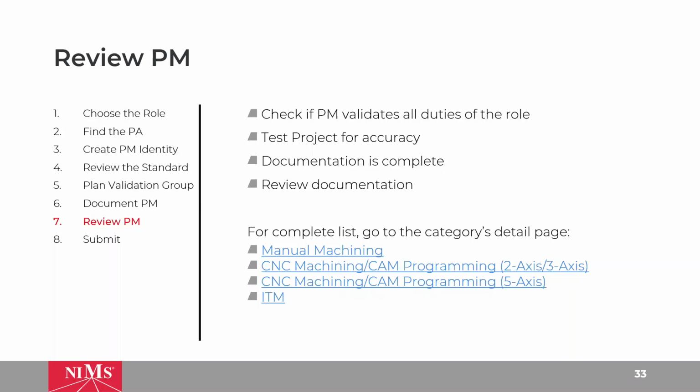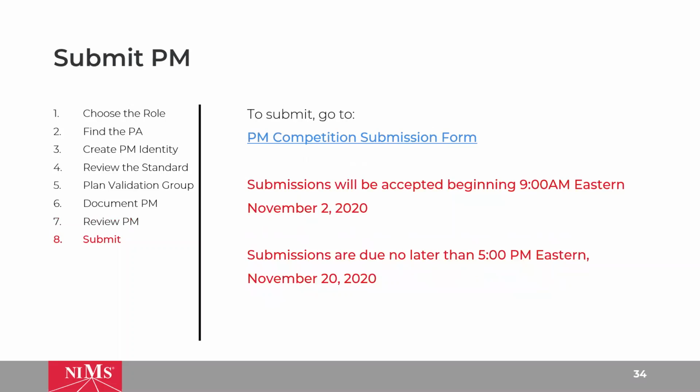Put yourself in the shoes of your audience and see if your project is clearly understood. And again, we provided the links here to help you get more details. And once you've done this, you can go to this link so you can submit your PM to us.